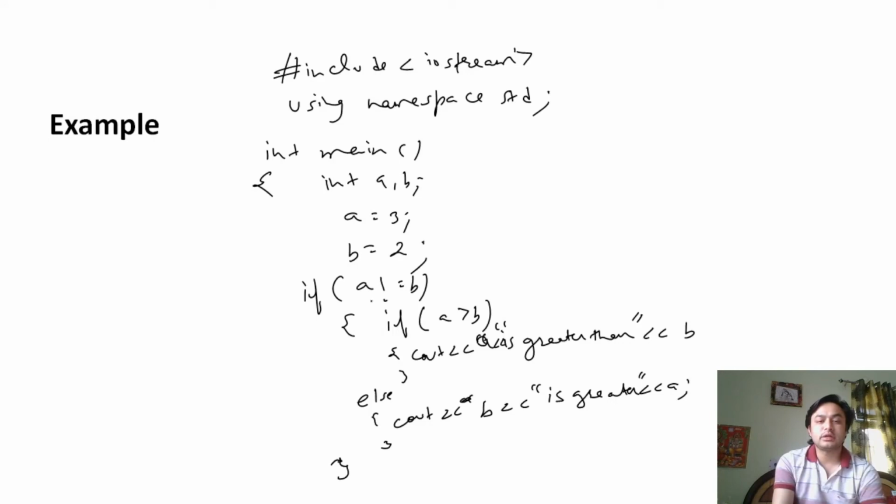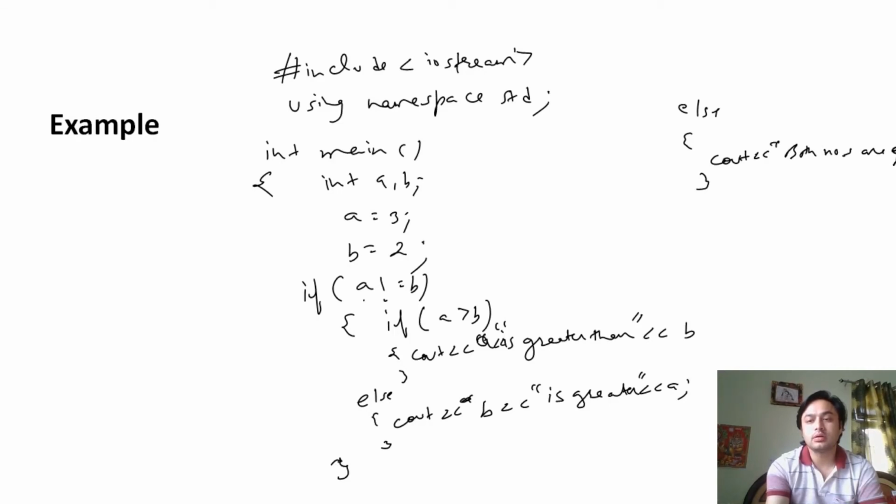If this condition is not satisfied, then the else part will be there, that is else cout "both numbers are equal", then return 0 and this.